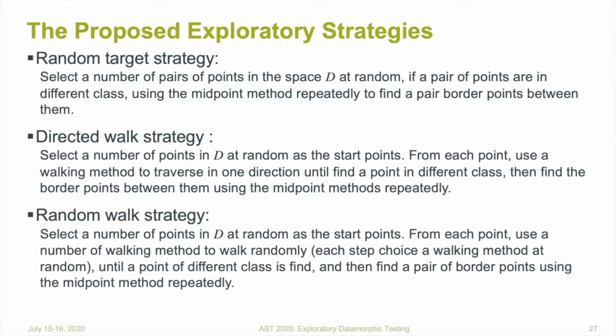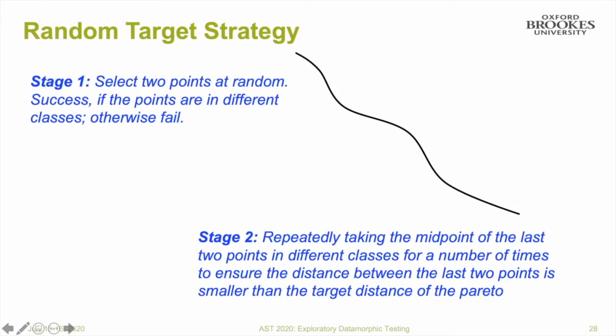In this paper, we propose 3 exploratory test strategies to generate parental front in order to test classifiers. They are random target strategy, directed walk strategy, and random walk strategy. The random target strategy consists of two stages. At the first stage, 2 points in the input data space are selected at random.